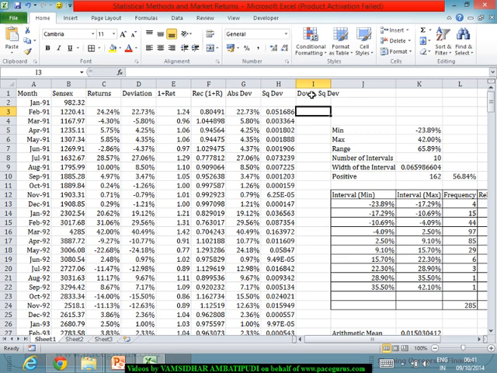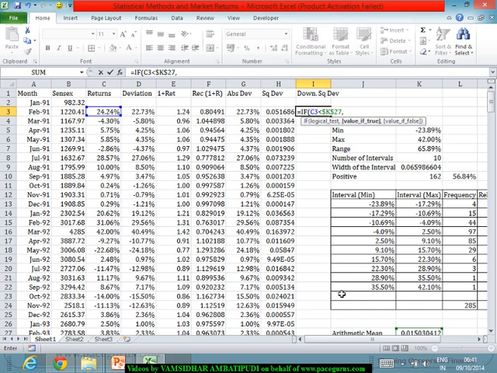I'll take the square of those deviations where the return is lesser than the mean. I'll put a simple rule: if the return is less than, or probably less than or equal to, the arithmetic mean, then only consider the squared deviations.